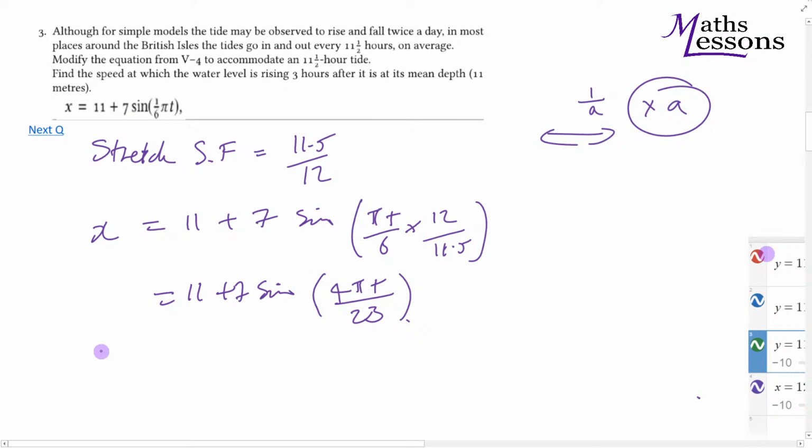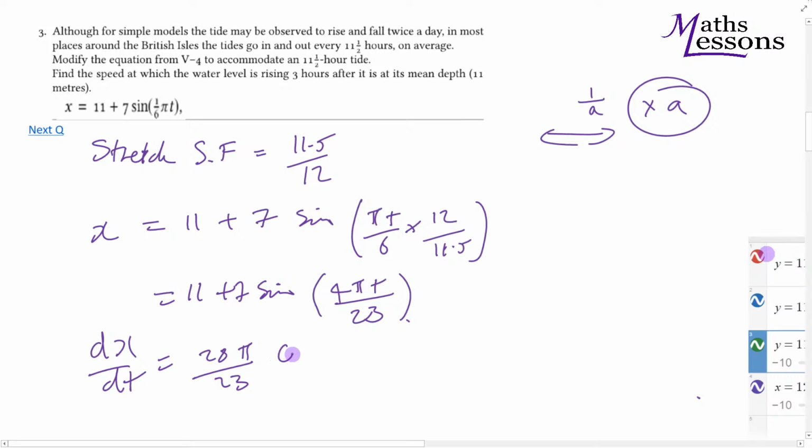So what we need to do is we need to find dx by dt. The 11 will just disappear, so we're just going to get all of this here. We're going to have to times by 4 pi over 23 out by 7. So we're going to get 7 times 4 is 28 pi over 23 as a multiplier outside.